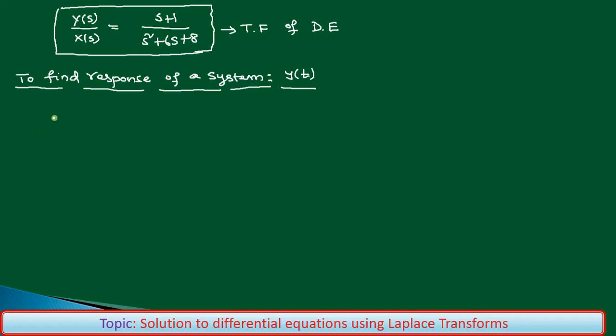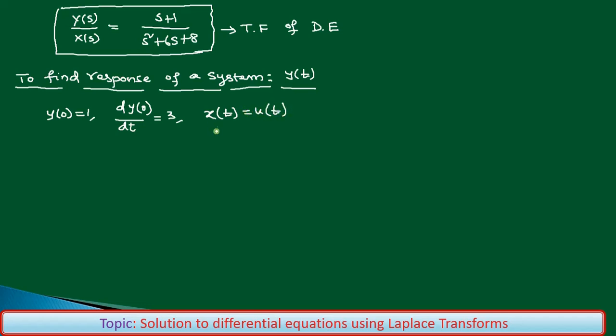So that is, y of 0 equals 1, dy of 0 by dt equals 3, and one more condition given as x of t is equal to u of t.